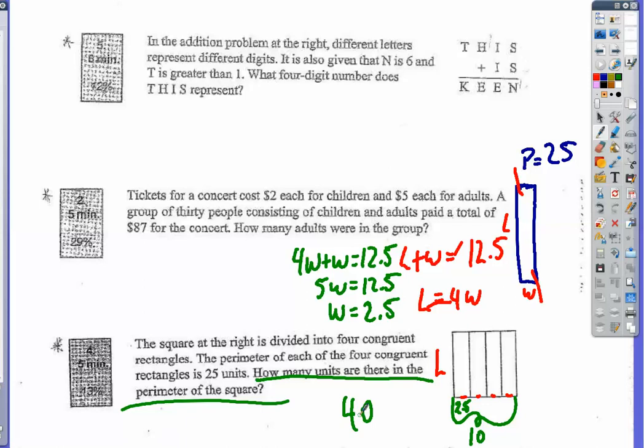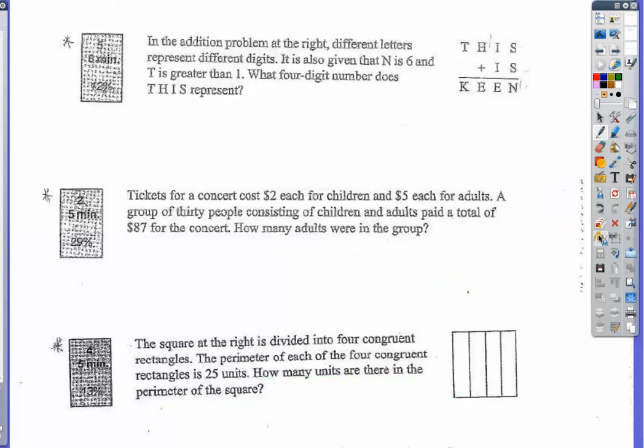Now, sorry Campbell for outing you on this one, Campbell did it a little bit differently. That's how I would do it because I want to turn everything into equations and solve equations. But Campbell did this. He said, well, the perimeter was 25. He put it here because he knew 5 times 4 is 20. And that would equal the length.